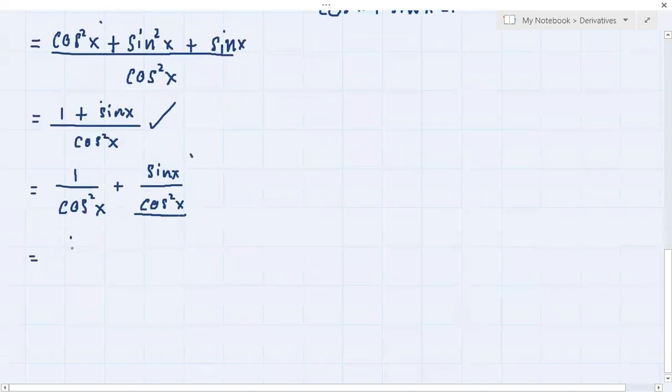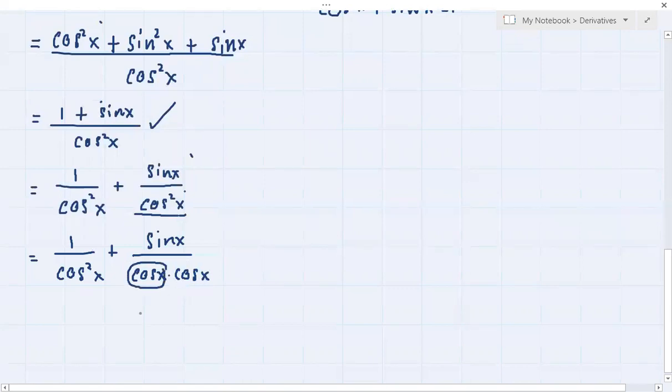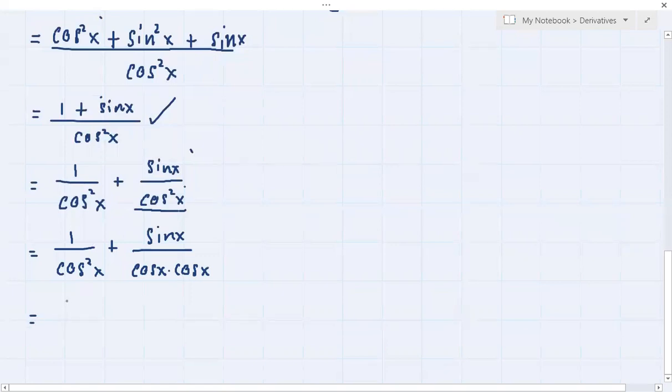So it becomes sin x all over cosine x times cosine x. And after that, I separate these into two fractions. So I will have 1 all over cosine squared x plus sin x all over cosine x times 1 all over cosine x. That's what it looks like.